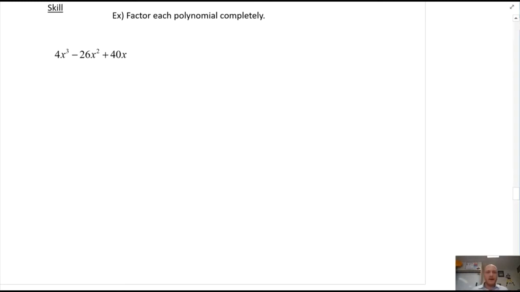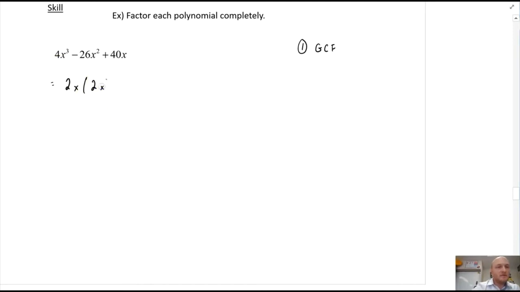Here I have a trinomial, and again, step 1, what I'm going to do to factor is identify the greatest common factor. So it looks like I have a 2 in common. Okay, and then an x. So that's my GCF.